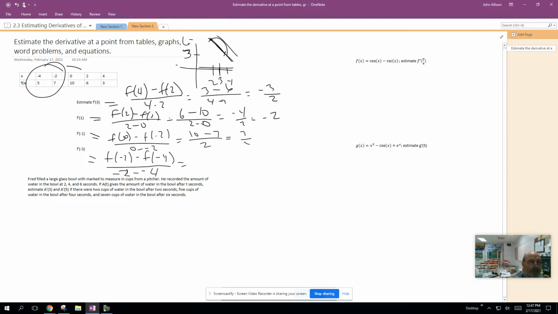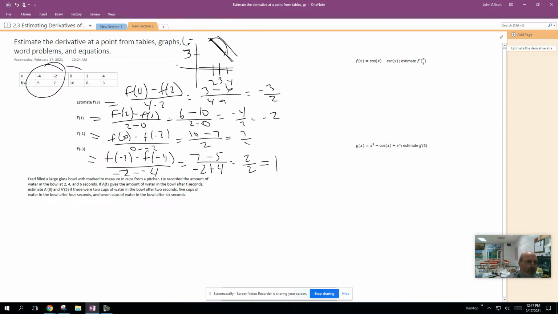F of negative 2 is 7, f of negative 4 is 5, and negative 2 minus negative 4 is negative 2 plus 4. So we get 2 over 2, or the estimate for f prime of negative 3, given this table, is 1. That's how we estimate f prime for an x value in between two x values on the table.